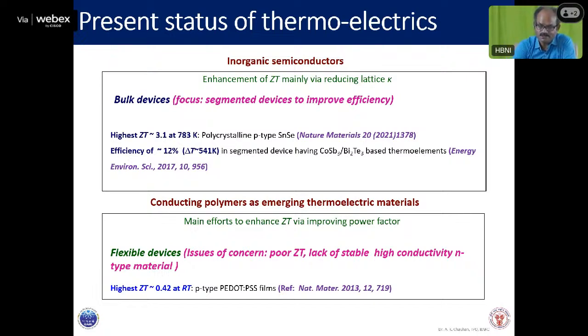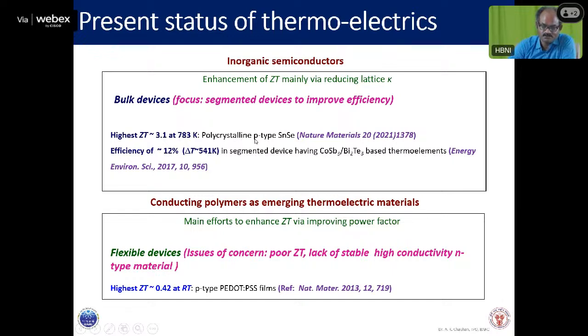This is the present status of thermoelectrics. In inorganic semiconductors, for bulk devices which can be segmented to improve performance, the highest ZT is nearly 3.1, at 783 Kelvin.